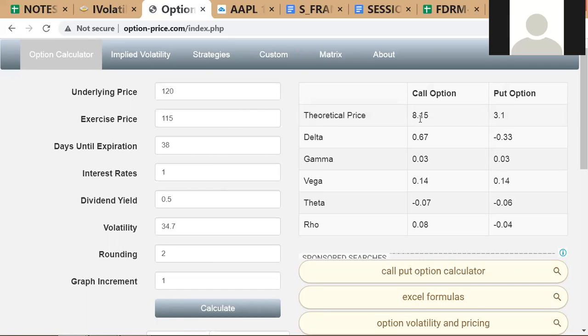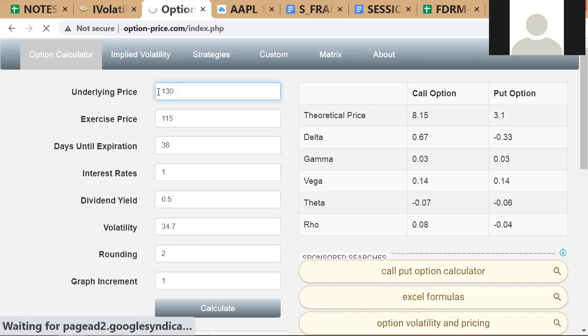We are assuming that this is equal to the price, the fair value. The price is always trading at fair value. So now the intrinsic value in this option obviously is $5 in the call option. Now let's assume the underlying goes up to 130.